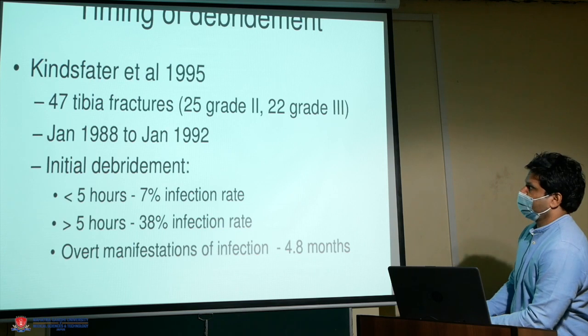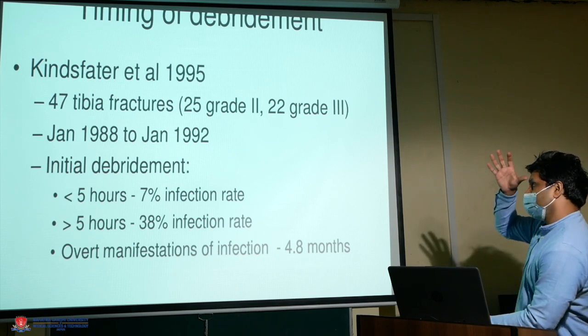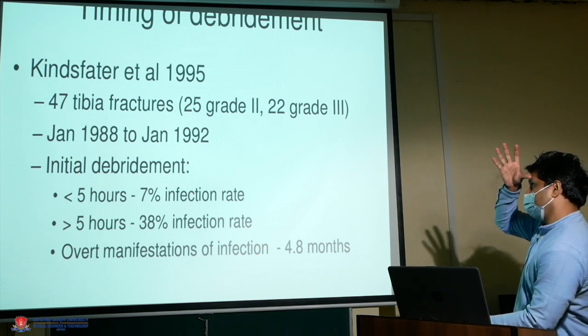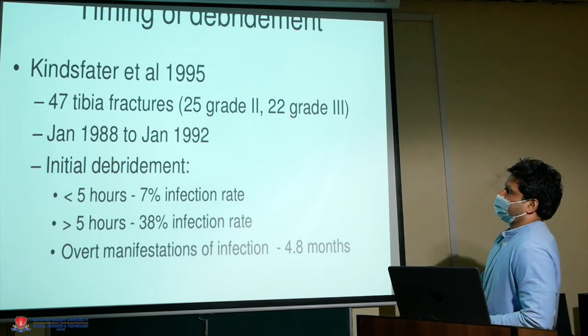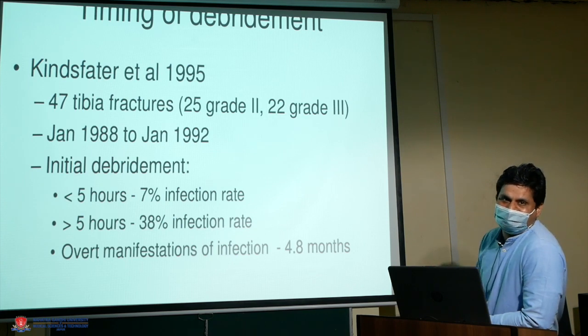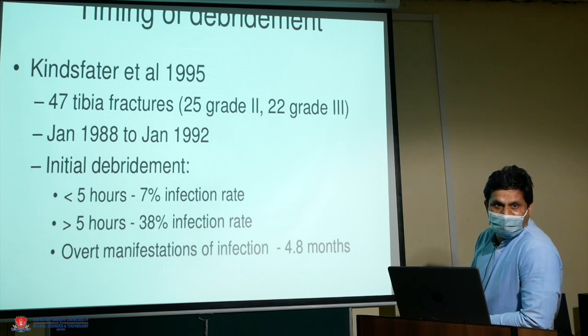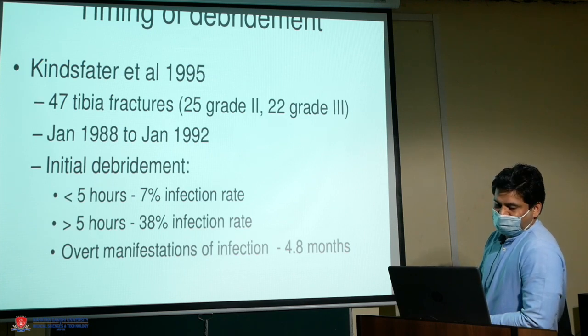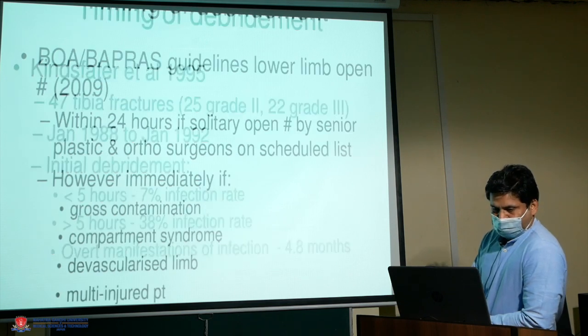Now what is the timing for debridement? So they have done a study in which 27 tibial fractures were taken. So the initial debridement is better if you do it before 5 hours of the injury, then the infection rate is less. If you do it after 5 hours, then the infection rate can increase to 38%. Okay.